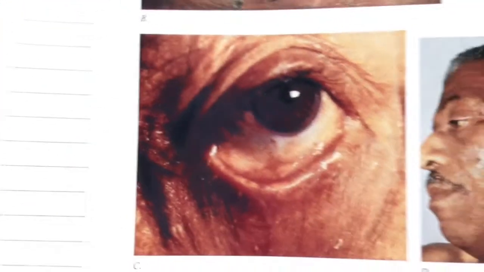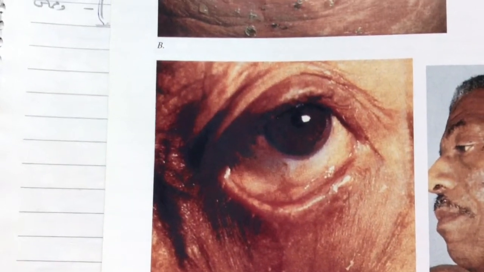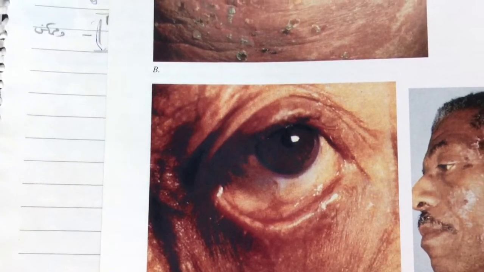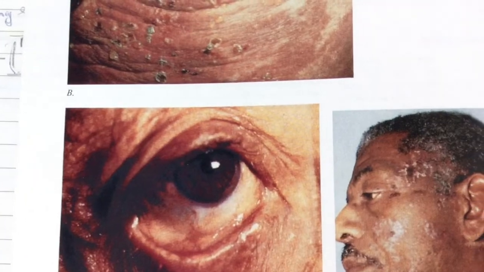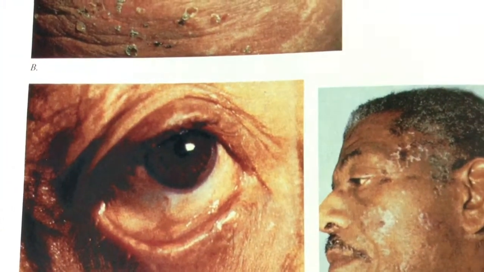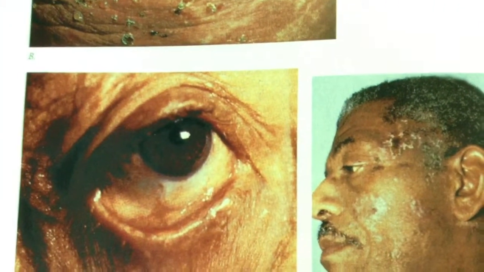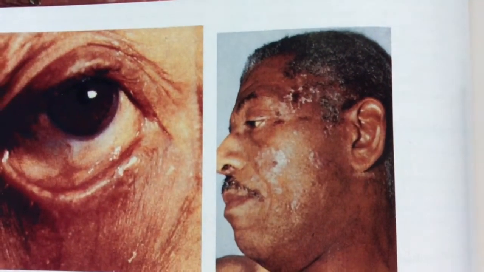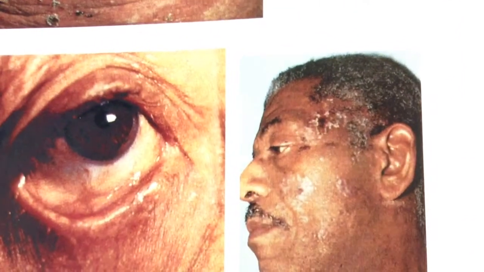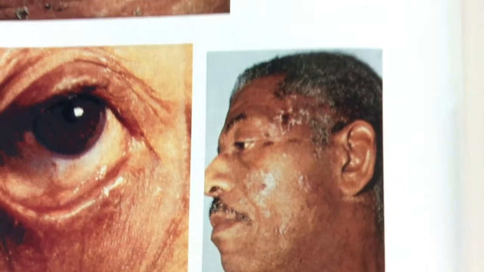Could also be cicatricial pemphigoid-like, and it could also be this presentation with peripemphigoid-like presentation, scarring lesions on the head and neck.